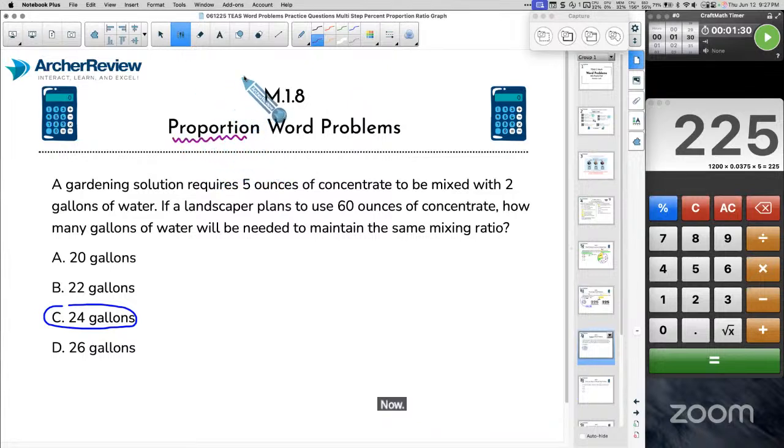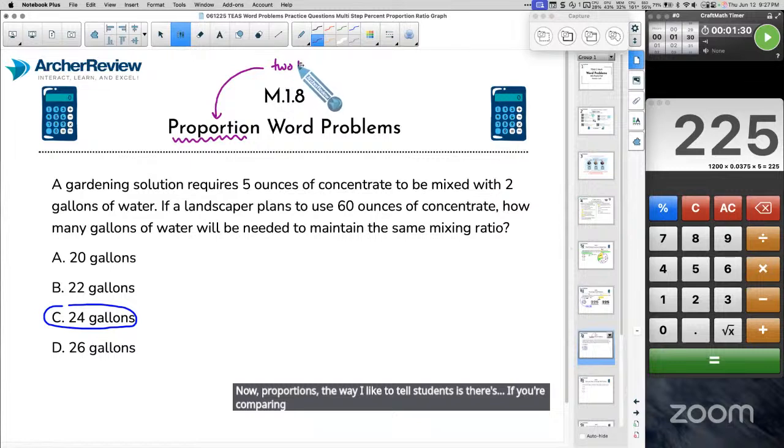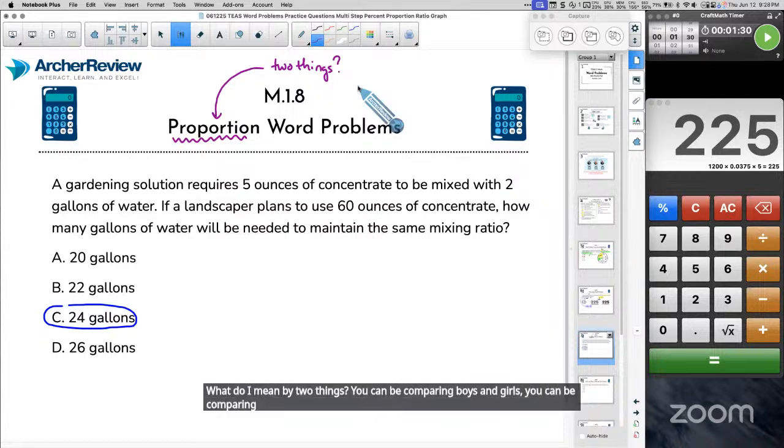Now, proportions, the way I like to tell students is if you're comparing two things. What do I mean by two things? You can be comparing boys and girls. You can be comparing red marbles and blue marbles.